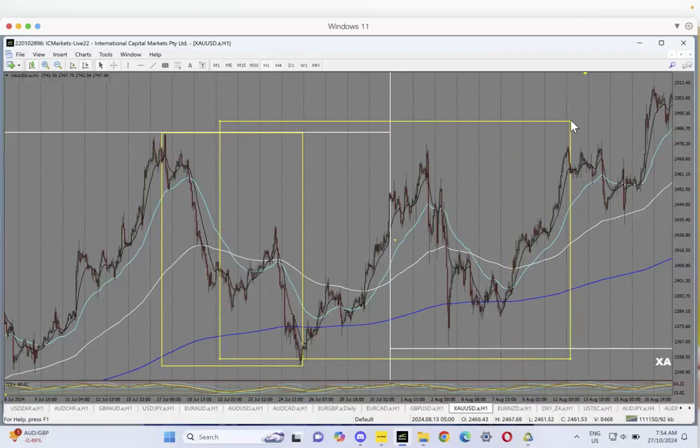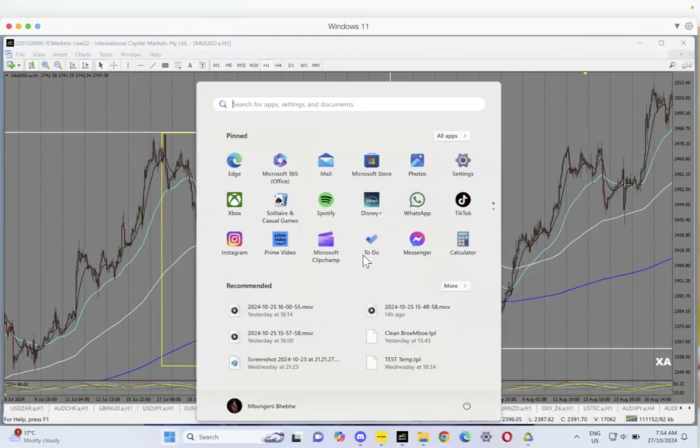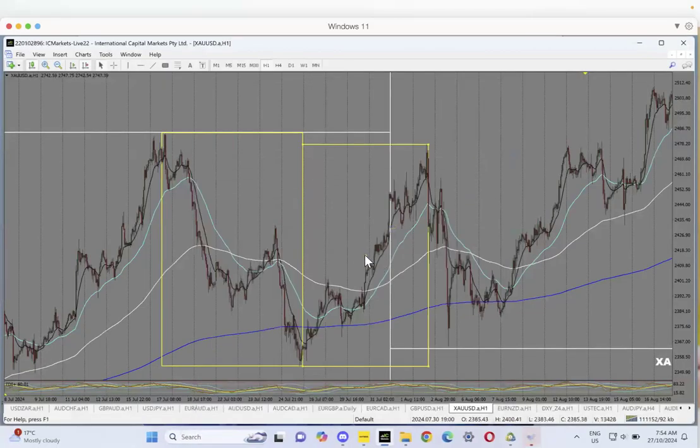All right. So you can see here, this was a whole 4-hour level. But then, uh-oh. But then this was just 2 levels right here.